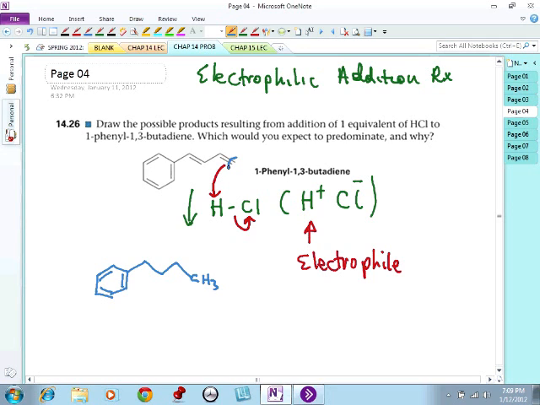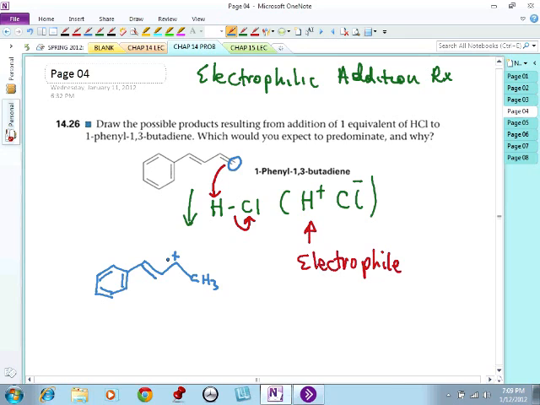Keep in mind that right here, this is a CH2. That electron comes here, attaches this carbon to this hydrogen. So now you form a CH3, and the double bond is still here. Now what do you think happens to this carbon now? What happens to this carbon? It becomes a carbocation, exactly. So it becomes a carbocation.